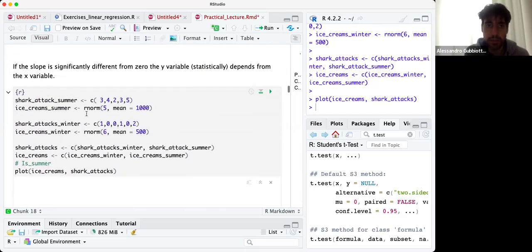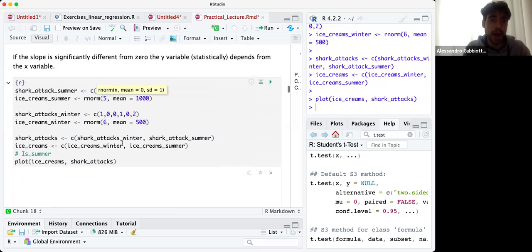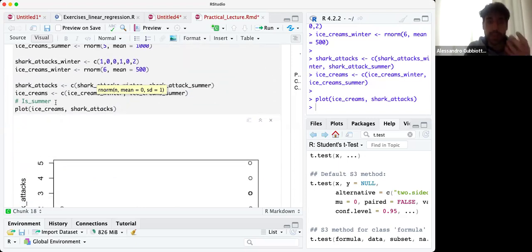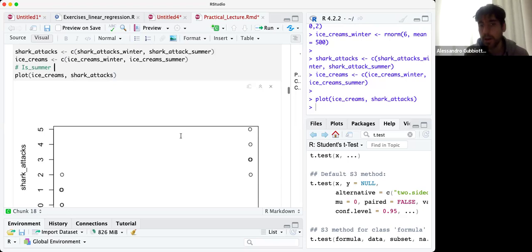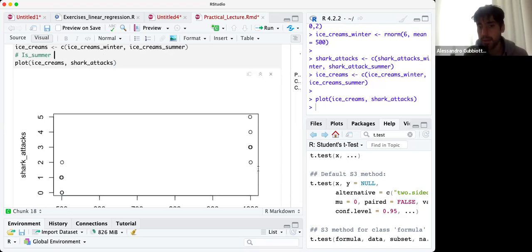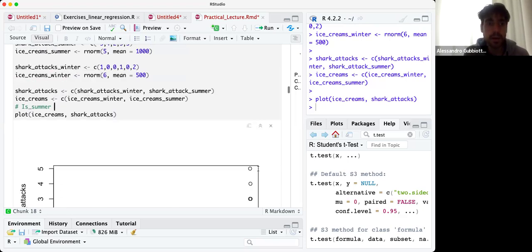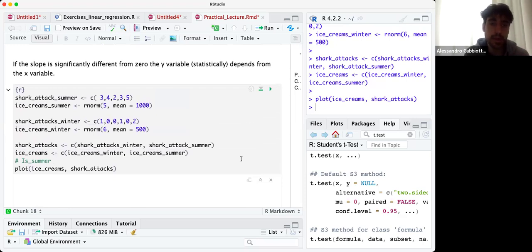I mean, I've chosen them independently, but they actually depend on this something behind, which is the variable. This variable is summer. If it is summer, they are independent but distributed in some way. If it is winter, they are independent but distributed in another way.